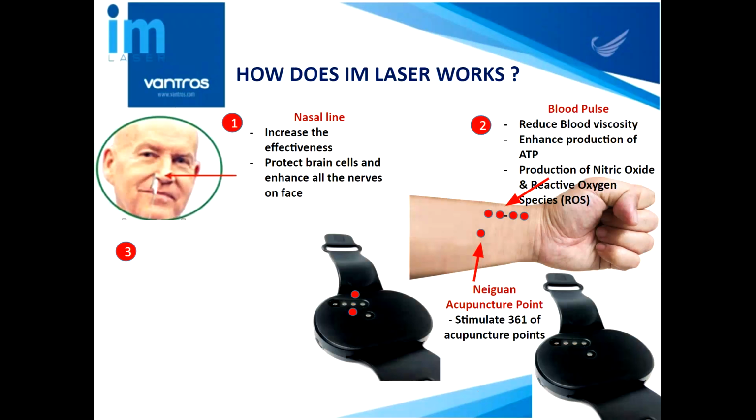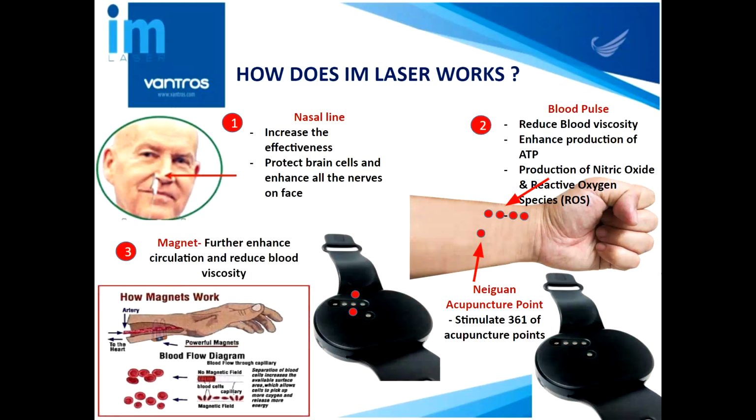I have many stroke patients who, after using it for 2 weeks after their stroke, can walk already. Some take 6 months, some over a year, but they are able to walk like normal people. When you look at them, you don't know that they suffered from stroke before.